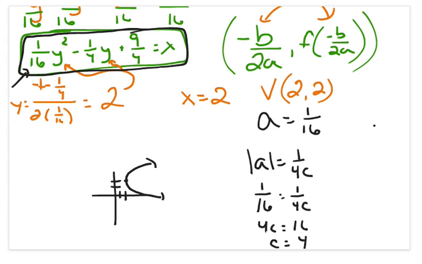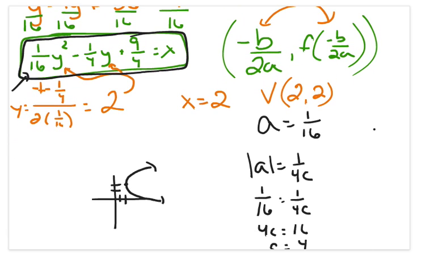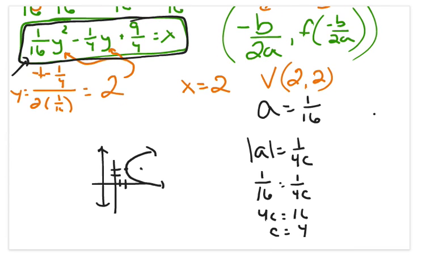I also know that my focus must be somewhere inside this parabola and my directrix should be somewhere behind it. The distance from your vertex to your focus is 4. So if I'm already at the ordered pair 2, 2 and I need to go to the right 4, I'm going to add 4 to the x and I'm going to get 6. So my focus point is going to be at 6, 2.